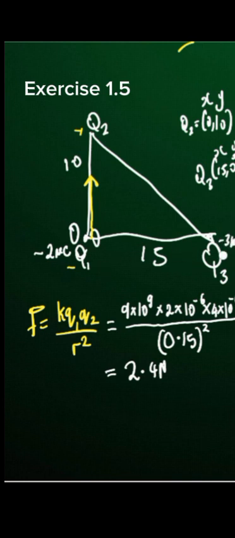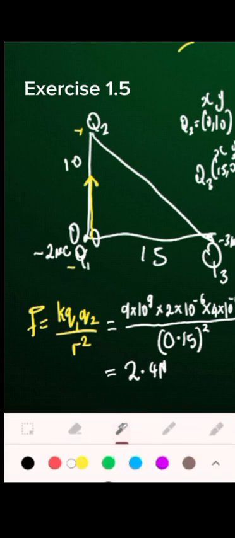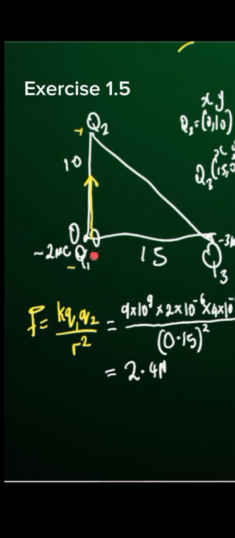So what will be happening here? Attraction or repulsion? Obviously, it will be repulsion, right? Because they are like charges. So it means that the force of Q3 on Q2 will be repulsing it, like bouncing it back. And if repulsion is happening on Q1, where will Q1 be going?